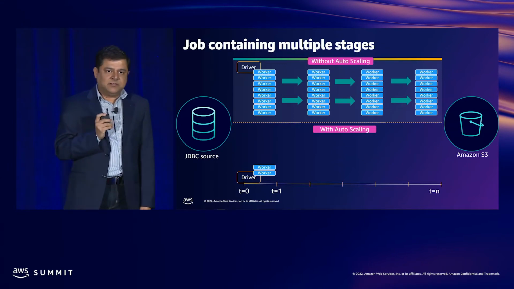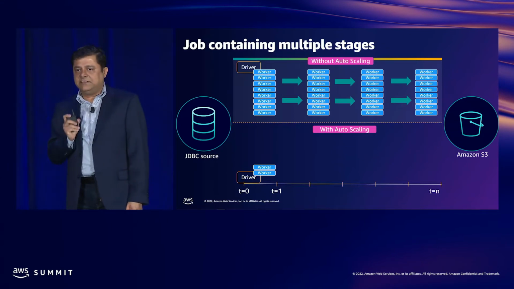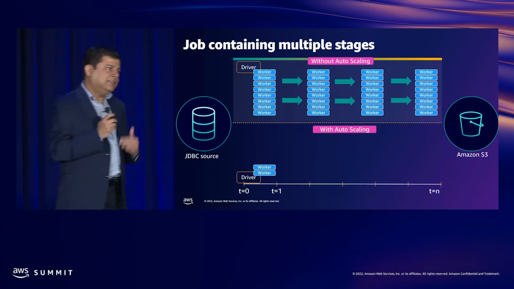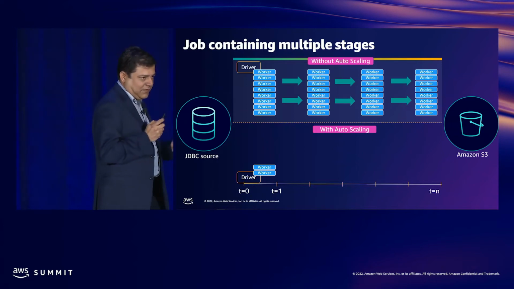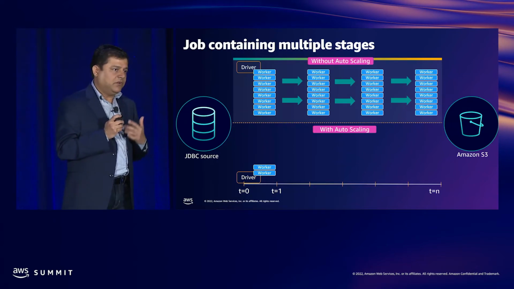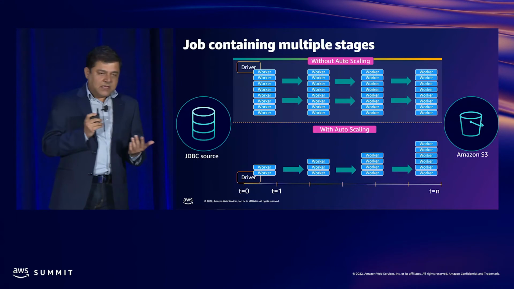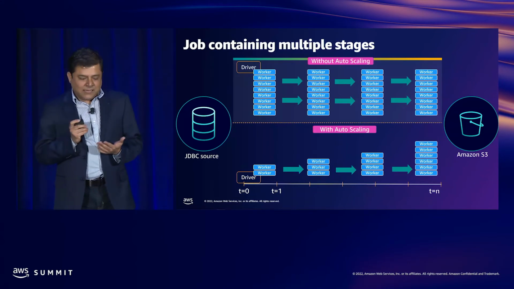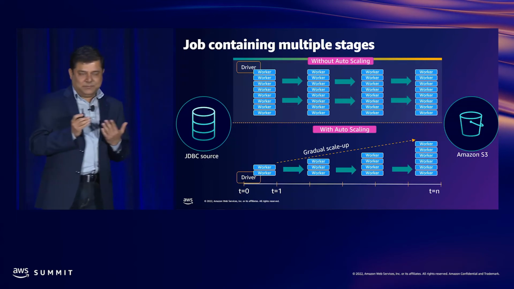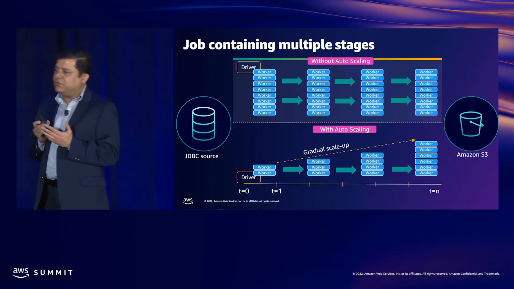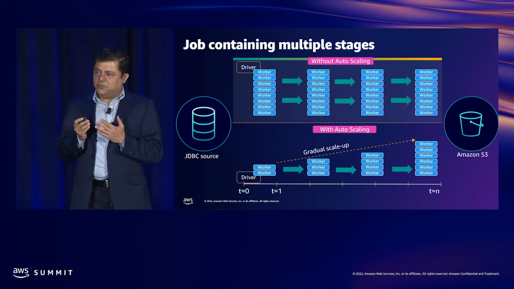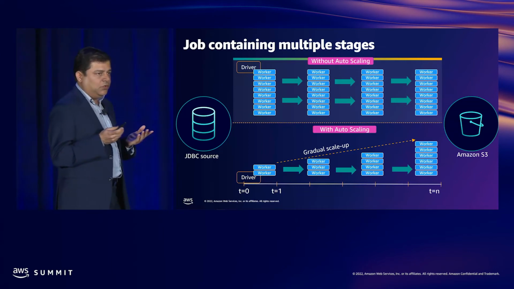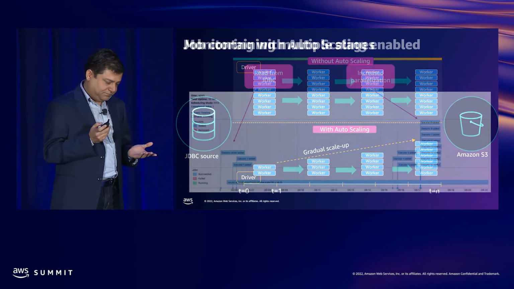And these workers are responsible for ingesting the data from the JDBC source. And then as the demand of the job increases, as you are applying the transform, as you are writing to S3, the driver requests more workers. And this gradual scale-up reduces the compute required for the entire job. And as a result, you have lower cost.